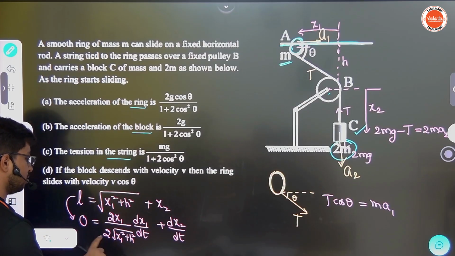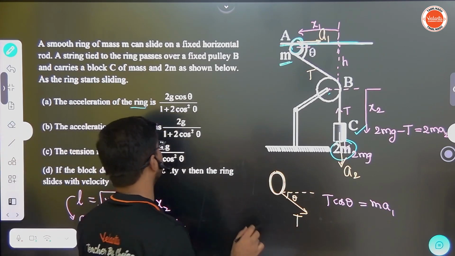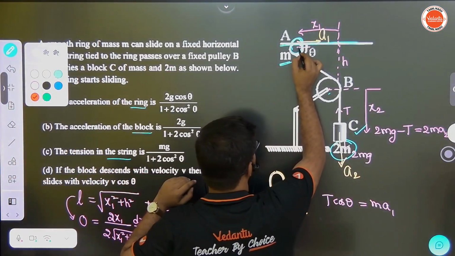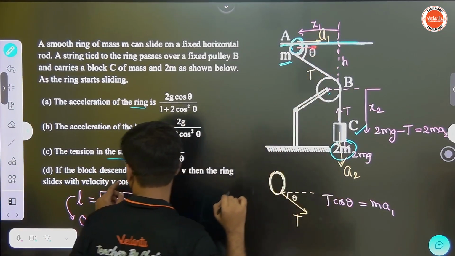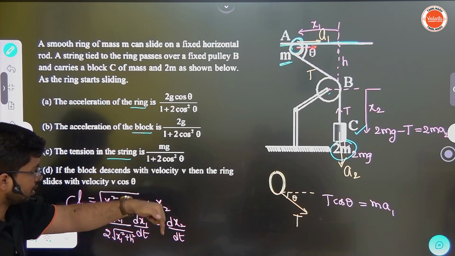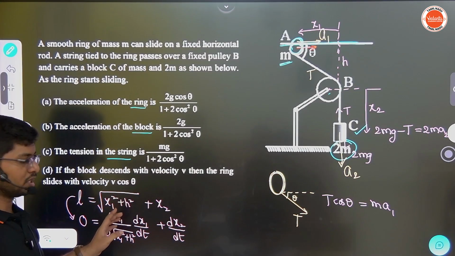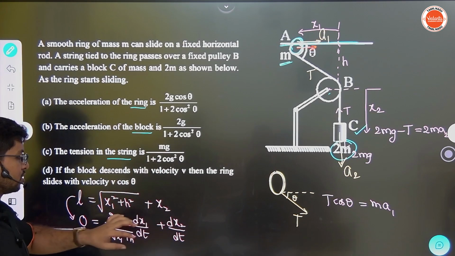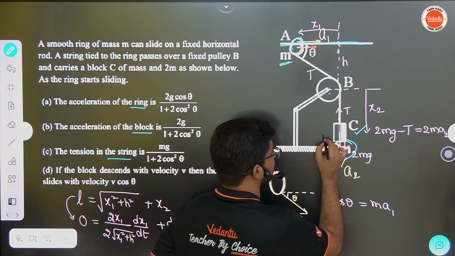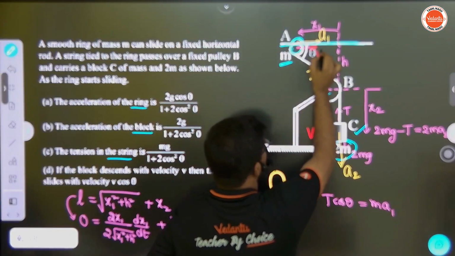Now carefully observe dx1 by dt. Let us say if I mark the velocity of this one, they have given some point based on the velocity: if block descends with a velocity v, then ring slides with a velocity of v cos theta. Let us see if this is the equation for velocities. Assume this is the velocity of the block and the velocity of the ring.